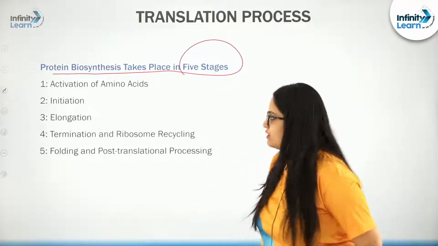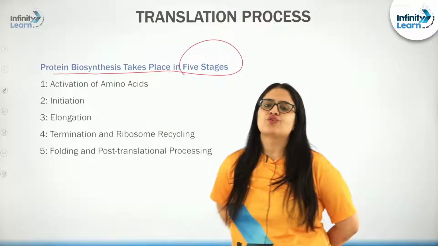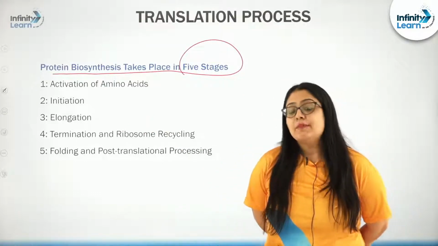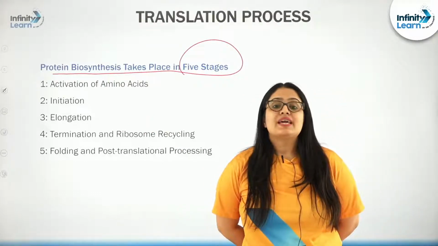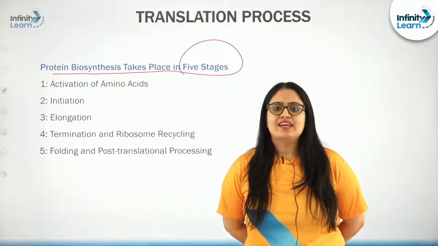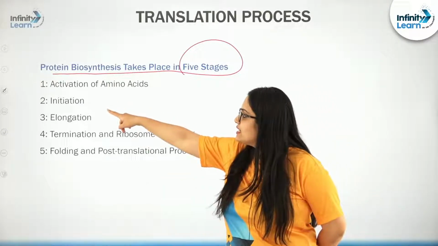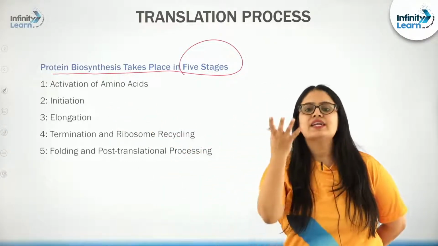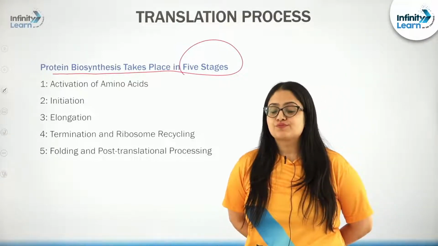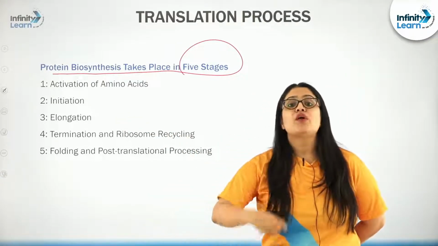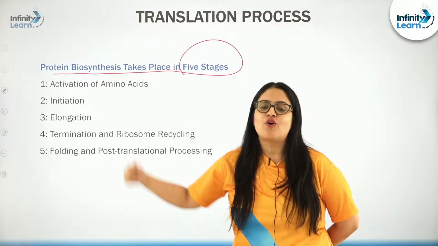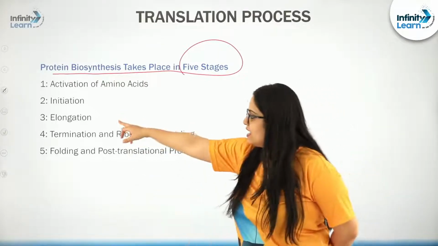in detail. The first one is activation of amino acid. Amino acids will be activated in presence of ATP. Second is initiation, starting of the translation process. Then elongation, continuous polymerization of the amino acids.